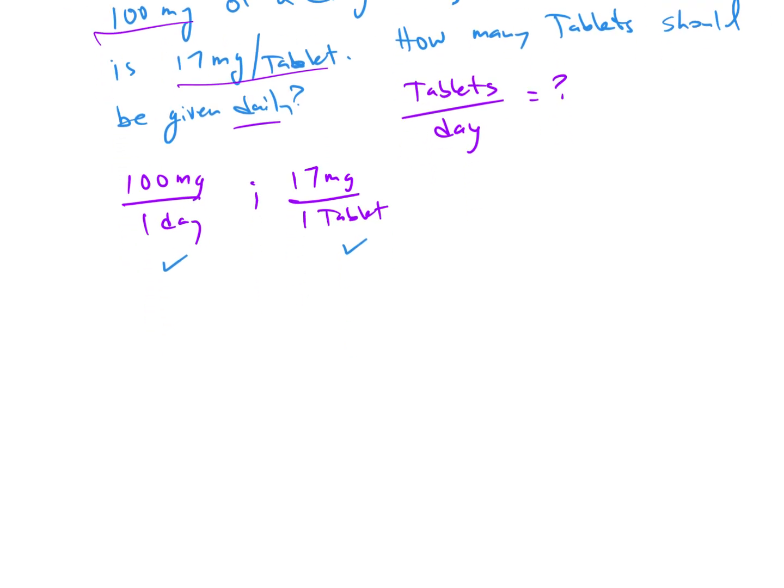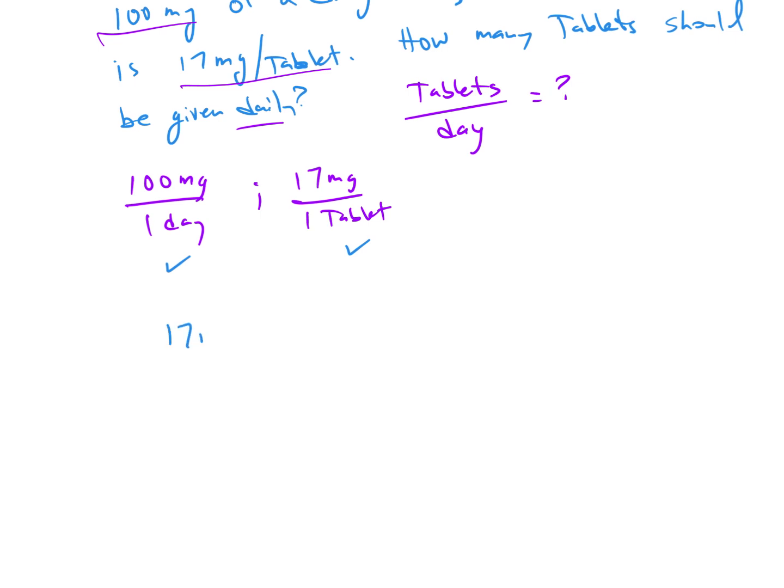Okay. 17 milligrams per 1 tablet. And I know you're thinking of something, but just hang. You're probably seeing a mistake I'm making, but I'm doing it on purpose, so wait. All right. What do I want in my answer?